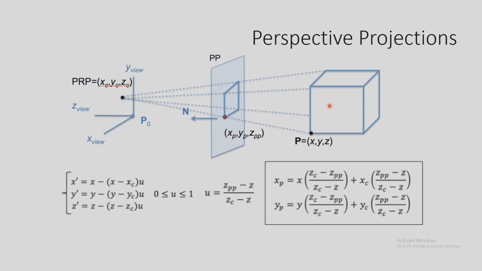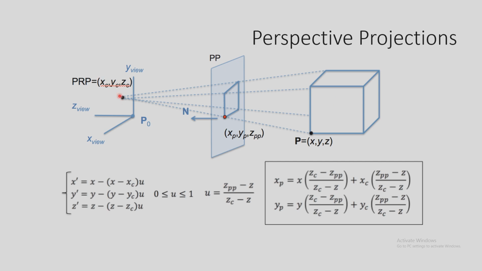This is very simple. Let's take the case of perspective projections. It's a bit more complicated. See this image very carefully. This is the object to be depicted, this is the projection plane, and this is the projection reference point.